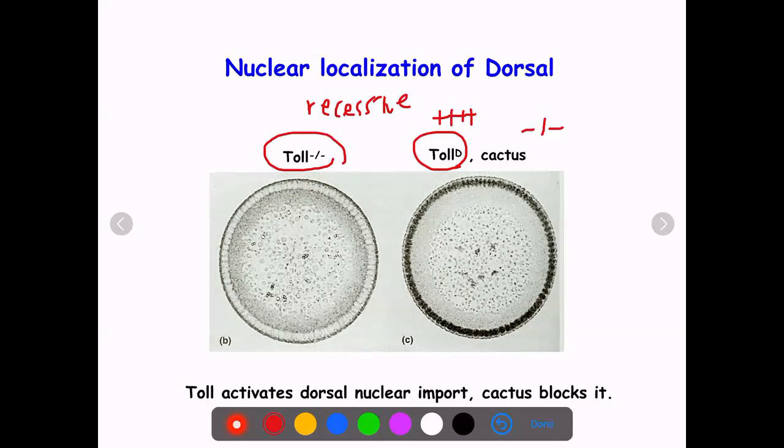So cactus is, I would say, a negative regulator of this signaling pathway. If you remove the negative, then it becomes positive. That's why it's the same as the dominant allele of this. So dominant Toll, or cactus absent, and then you will see this kind of ventralized embryo that you are seeing.